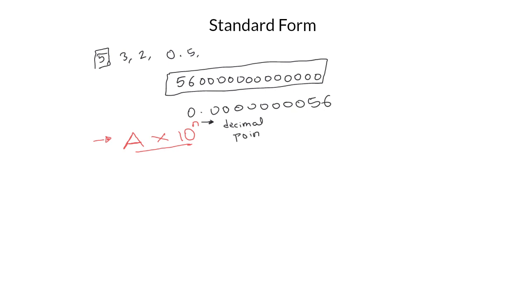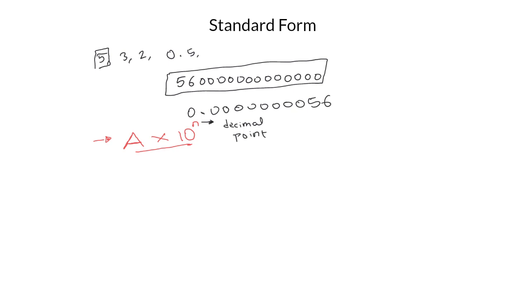If you move the decimal point 2 times, that means n will be 2. If you move the decimal point 3 times, the value of n will be 3. Now, again, what you are going to see is it can actually be positive or negative.